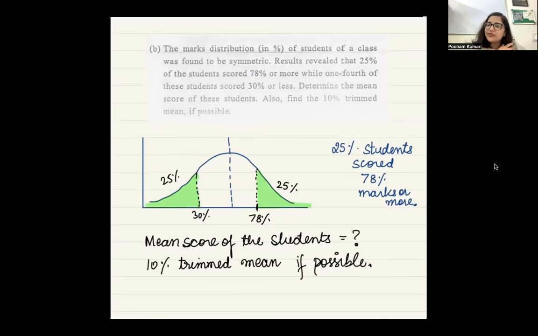No, that white area. I didn't understand. Can you repeat once again? Ma'am, it would be the left and right side of that symmetric line. 25%. So how will I find the mean score?